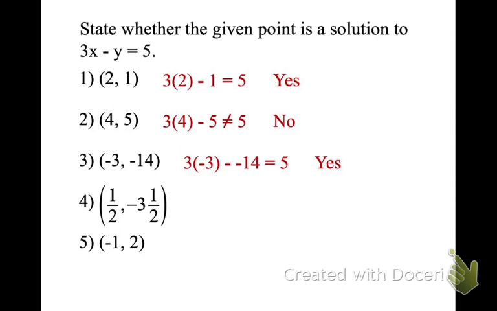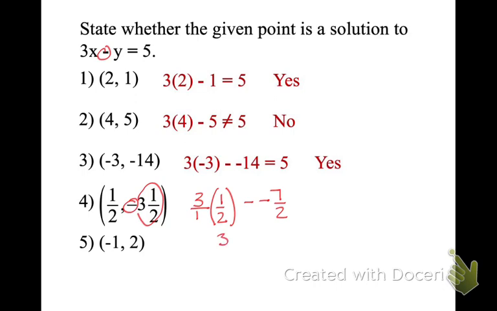Okay, I want to go over this one because I know a lot of people have a hard time. So the original equation is 3x minus y equals 5, right? I'm going to substitute in the fraction. 3 times 1 over 2. You have to put that in parentheses. Minus y, which is, I'm going to convert this to a mixed number, negative 3 and 1 half. There's a minus in the problem and a negative here, so it's minus minus, a double negative, 7 over 2.